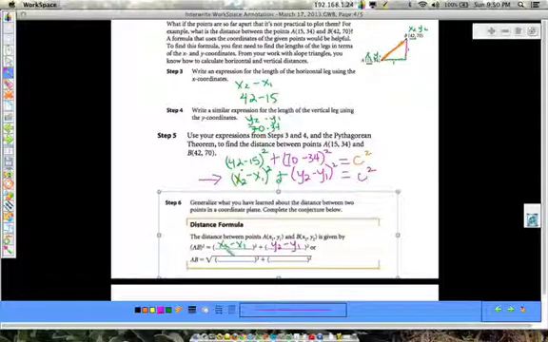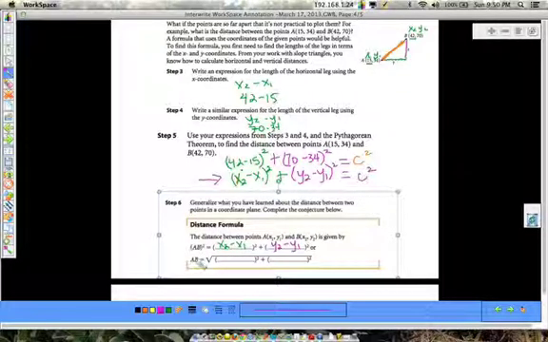Now notice I have the x2 point first and my y2 point first. You could also flip-flop that and say x1 minus x2, as long as this was consistent and said y1 minus y2. Or let's say we don't want AB squared, we want AB, just like we want c, not c squared. We would then take the square root of it all.